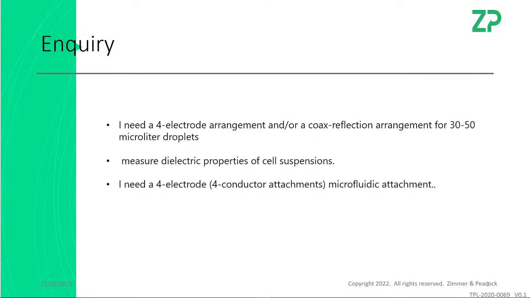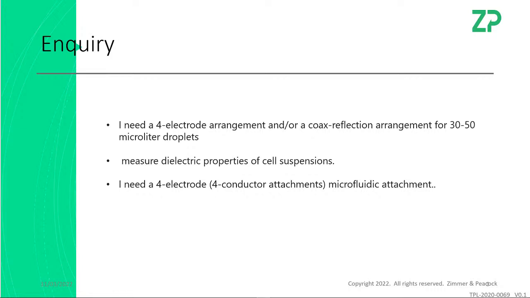So it made me think immediately this sounded a little bit like an impedance measurement. They said that they wanted to measure on 30 to 50 microliter droplets, at which point I started thinking about droplet microfluidics, but we'll return to that. They wanted to measure the dielectric properties of cell suspensions.